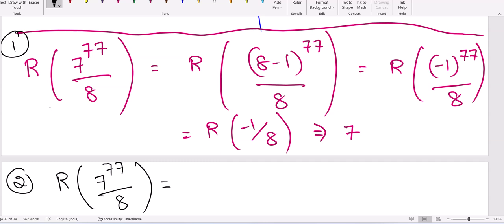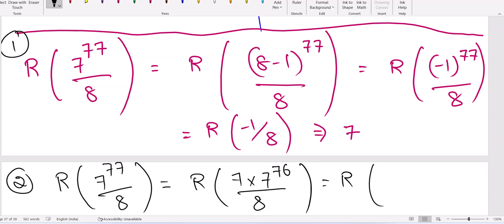Then it is easy. So we should write 7 square is better. So 7 power 77, how can you write 7 square? Write it first as 7 into 7 power 76. Nothing wrong, right? Now 7 power 76 can be written as 7 square to the power 38.